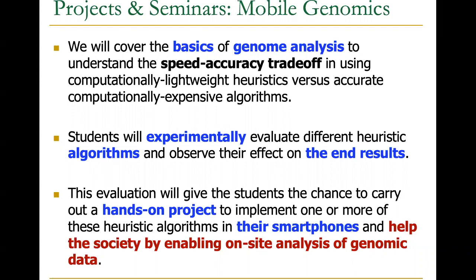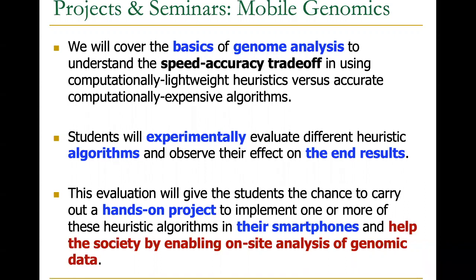So we might not be able to use the traditional or conventional algorithms. We might use some heuristics. That's why they might affect the accuracy of these analyses, or not necessarily the end results, but might affect the current results that are related to that step. So we really would like to understand these trade-offs.